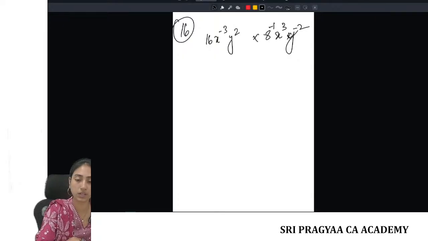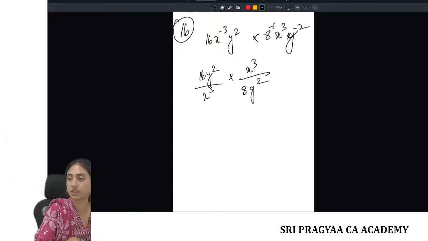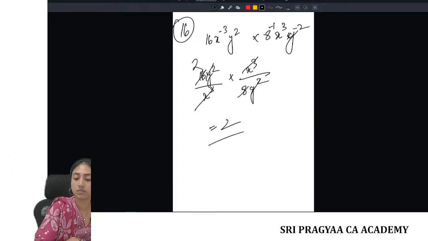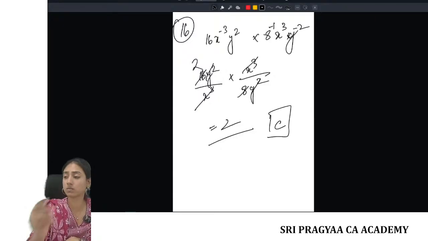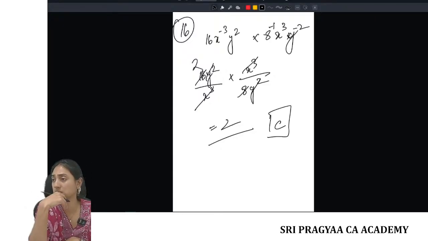This is what we are looking at, right? Okay. So this is nothing but 18 y square x cube into x cube over 8 y square. Correct. So this will get cancelled. This will get cancelled. Which is C. What did you get? 2x.